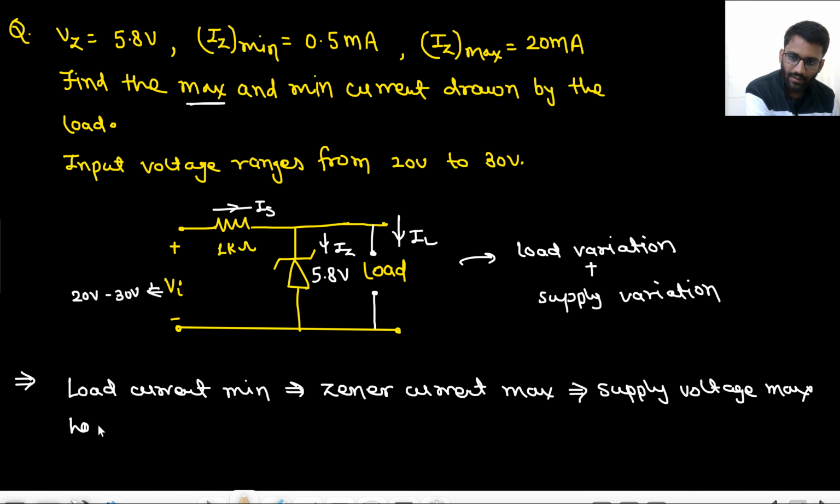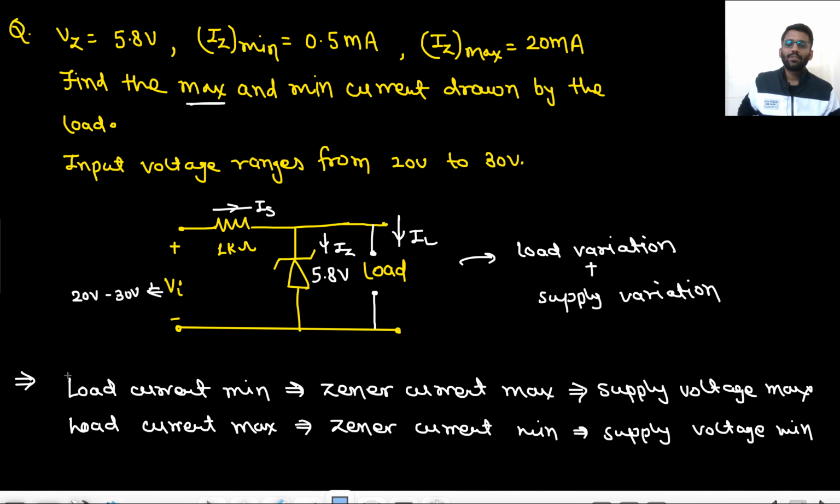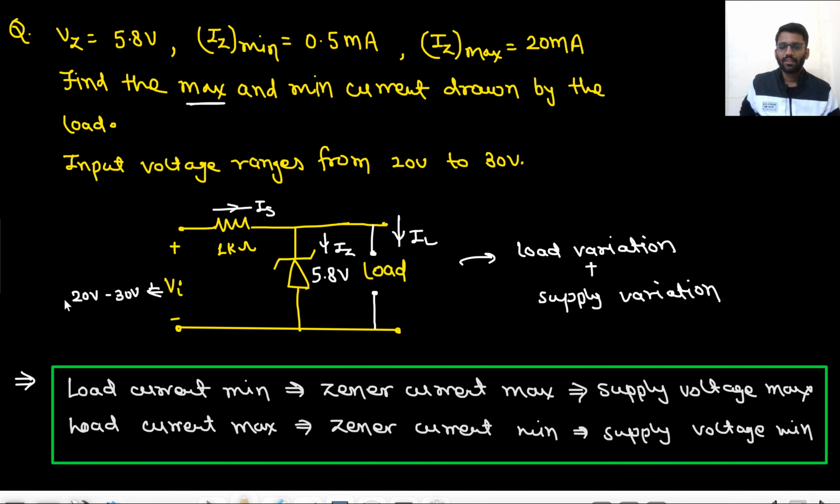And if my load current is maximum, that means my Zener current is minimum. That means my supply voltage is minimum. If you remember these two lines, there will not be a single problem which you can't solve for Zener diode. Most important line.